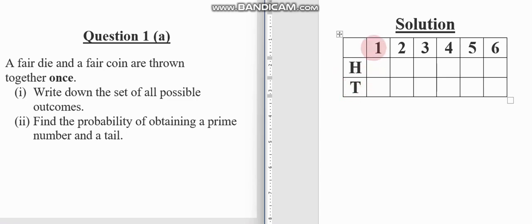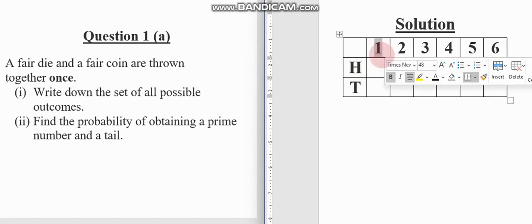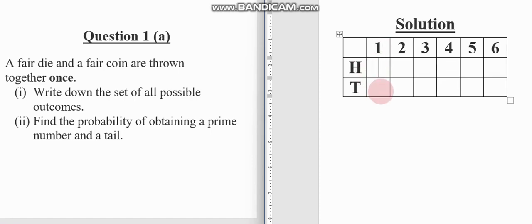Now we are going to throw them once. So when you throw the fair coin and the fair die together, you might get a head for the coin and then you might get 1 for the die. That is why we call it probability.